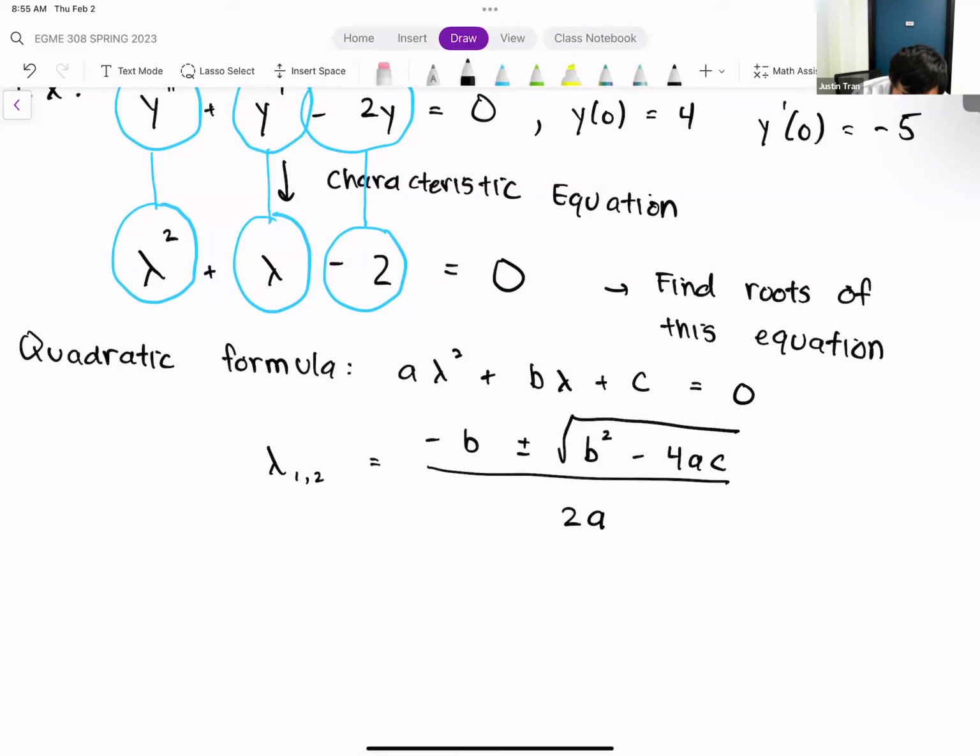For our characteristic equation, a here is equal to 1, because a is the coefficient in front of the second order polynomial term. B here is also equal to 1. And then c is minus 2.